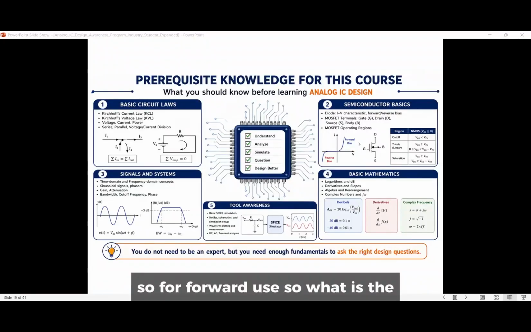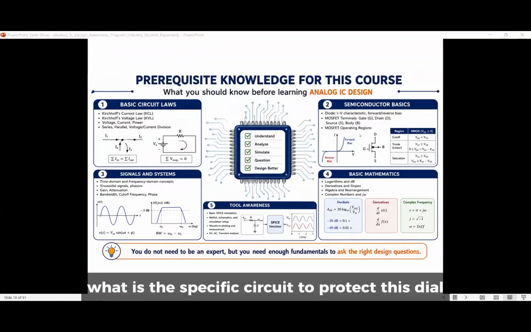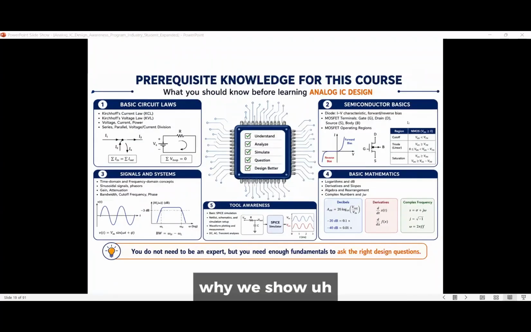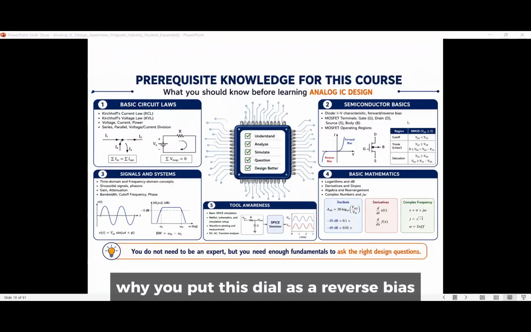For forward use, we need a specific circuit to protect the diode because the current is too much, so we have to put in a series resistor to make sure it's safe. For reverse bias, why do we put the diode in reverse bias?